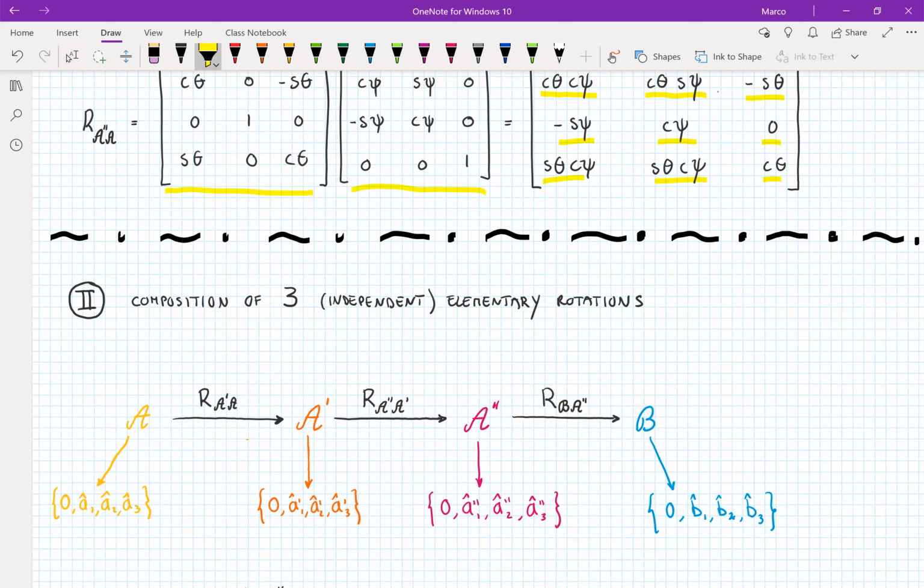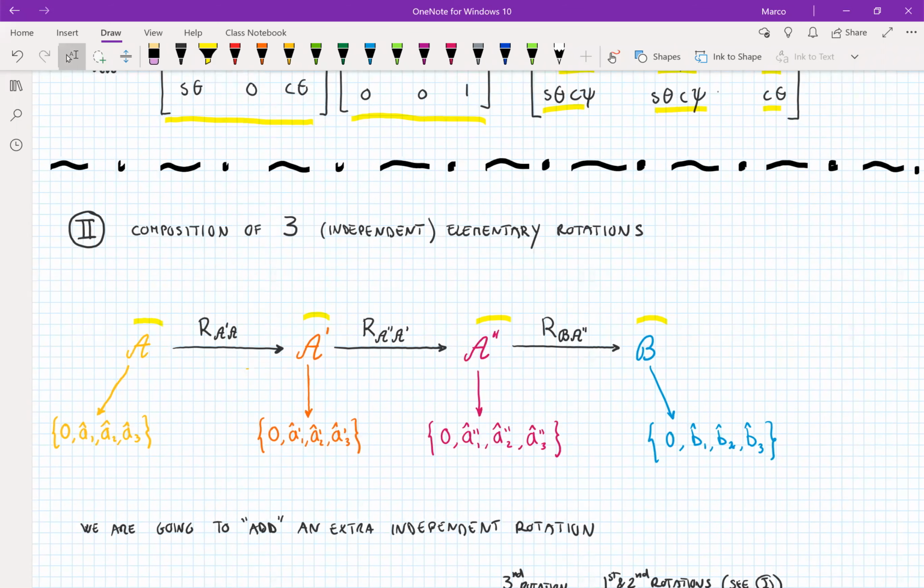We go from a reference frame A to A prime to A double prime, and finally we get to our reference frame B. And why are we considering a composition of 3 independent elementary rotations? Well, just because we're dealing with things in a 3-dimensional space. Our space is described using 3 dimensions.